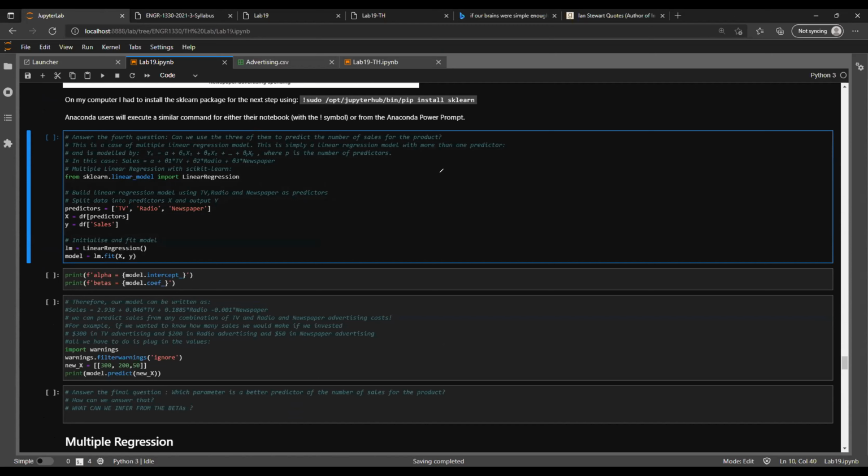Our formula for one input, one output, we had y equals mx plus b, right? Well, what if I have more than one input in my linear model? Well, I have y equals m1 x1 plus m2 x2 plus b.